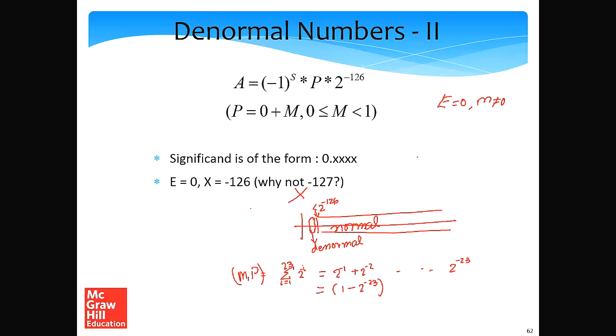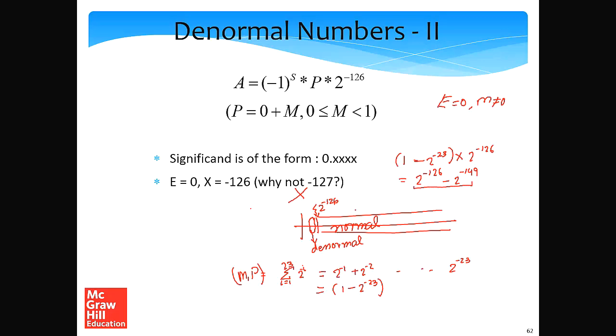The important point is that the largest denormal number is essentially equal to 1 minus 2 to the power minus 23, multiplied with 2 to the power minus 126, which is 2 to the power minus 126 minus 2 to the power minus 149. So this is the largest denormal number.